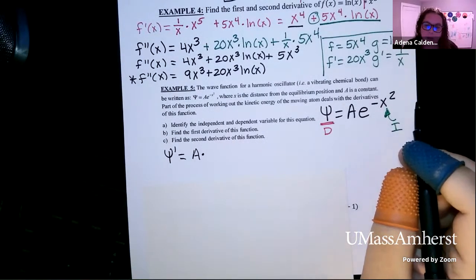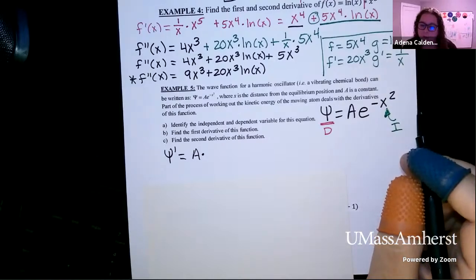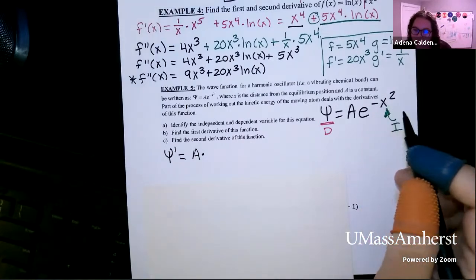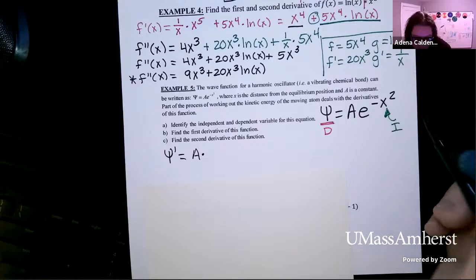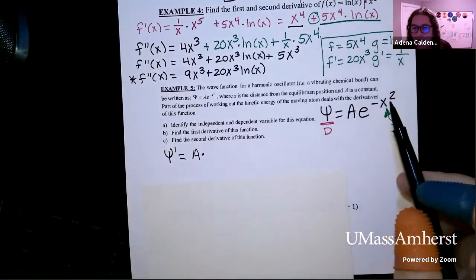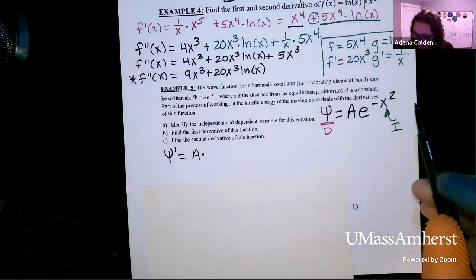So now we're in a situation where we have a chain rule. So we could either do some of our reasoning that we talked about with one method or a z substitution. I'm not going to do a z substitution just because of space, but if you did a z substitution, your z would be negative x squared.